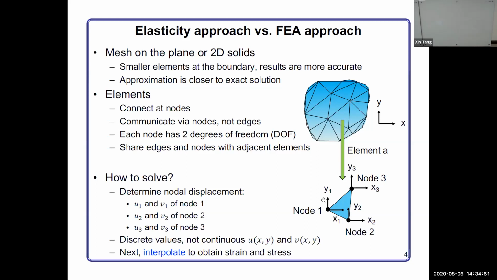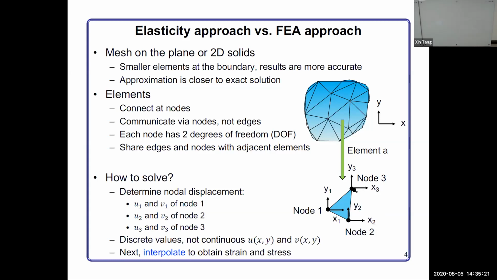Here, x1, y1, x2, y2, and x3, y3 are the coordinates of each point. And here we are sitting in the global coordinate system. So xi and yi are all the coordinates of these 3 points. And on each point, they have corresponding displacement ui and vi.